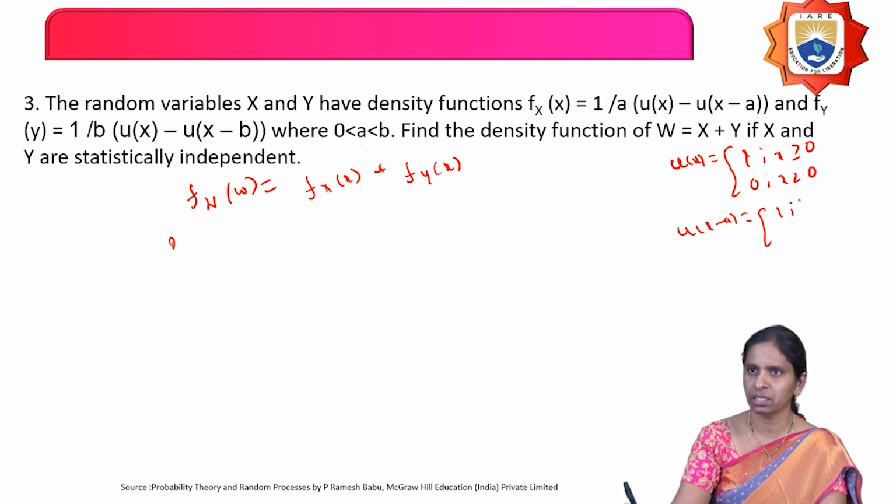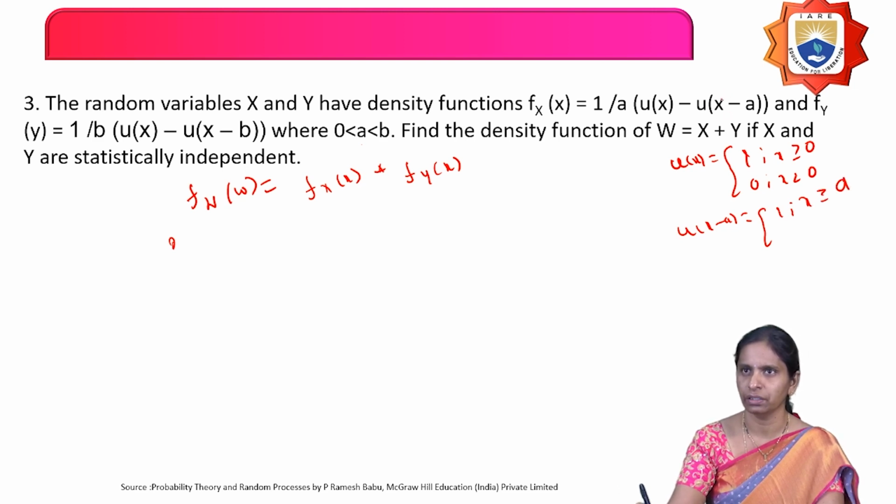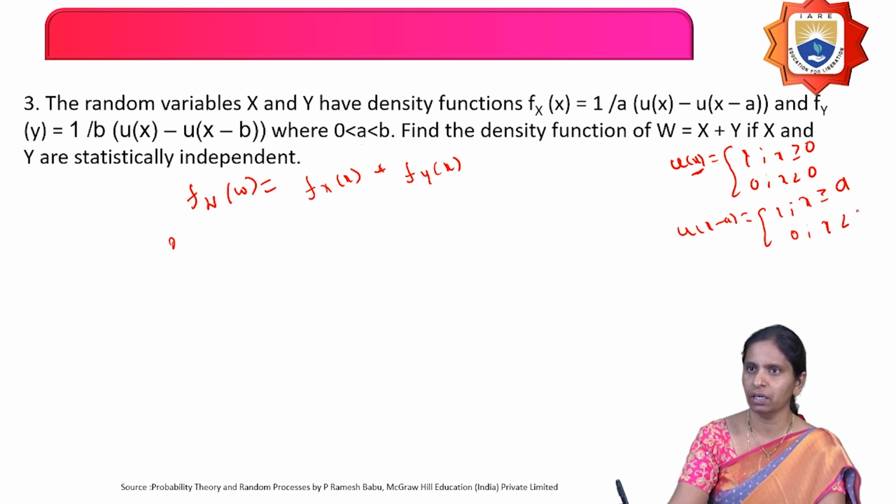This is 1 when x is greater than or equal to a. Only for positive values, when the argument is positive, you get 1, or else you get 0. So when x is greater than or equal to a, you get the positive values, and when x is less than a, it is 0.